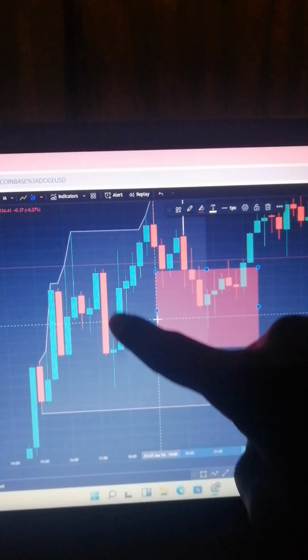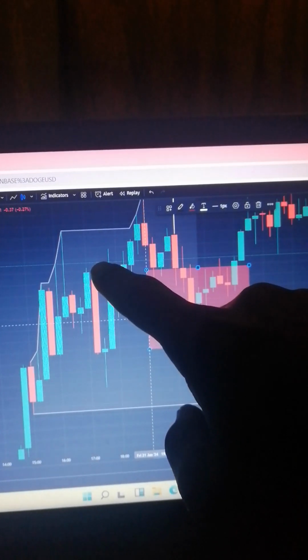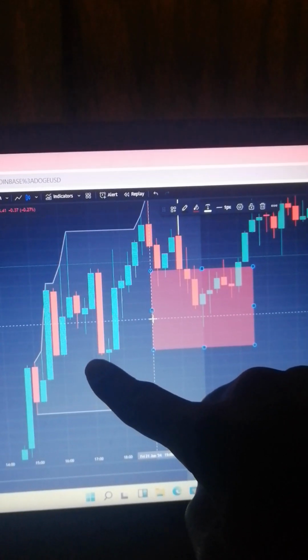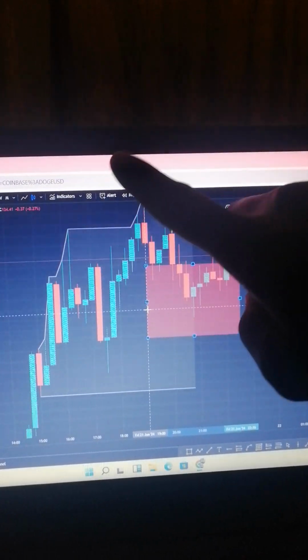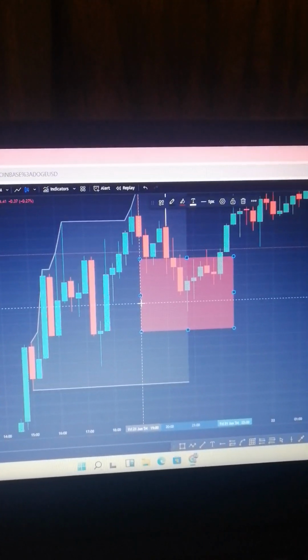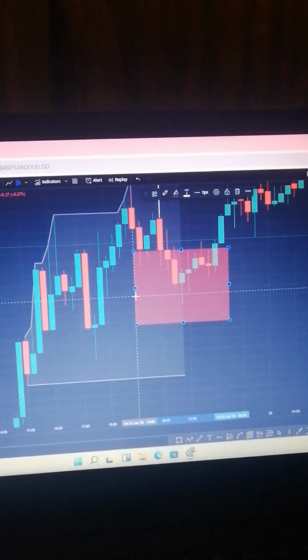So we were still playing in this order block, because this was the last down candle before the push of this leg here, and that becomes automatically an order block.